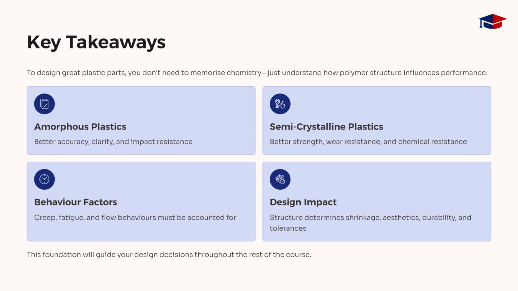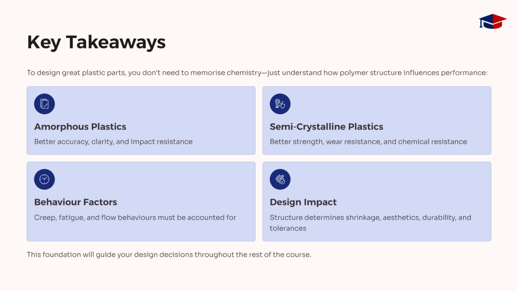Once you understand this relationship between structure and behavior, plastic design becomes far more logical. You stop treating plastics as weak metals and start designing them according to how they truly behave. This mindset is essential for selecting materials, defining geometry, and predicting long-term product performance.